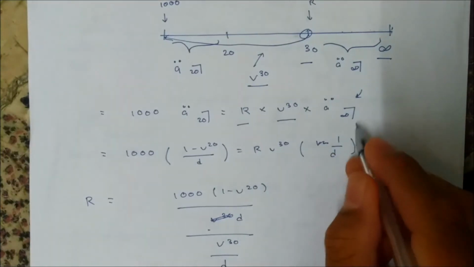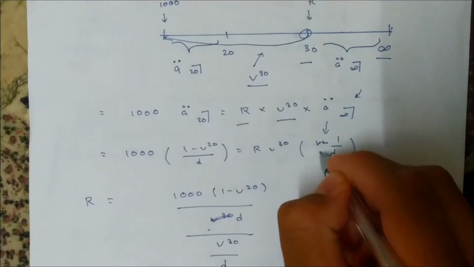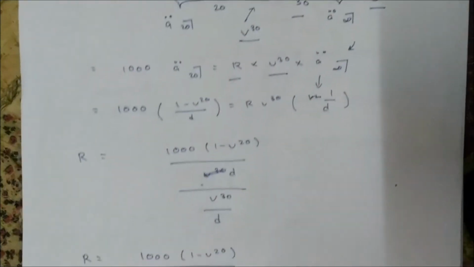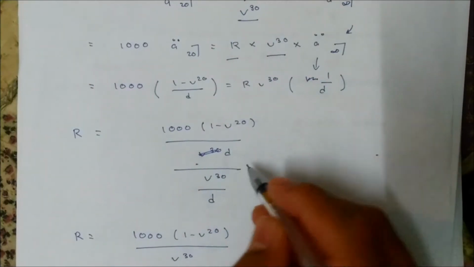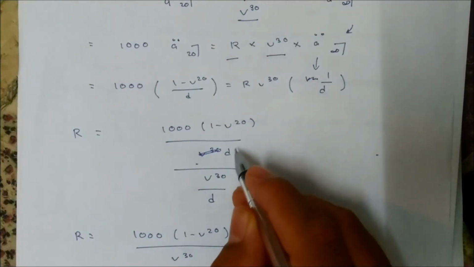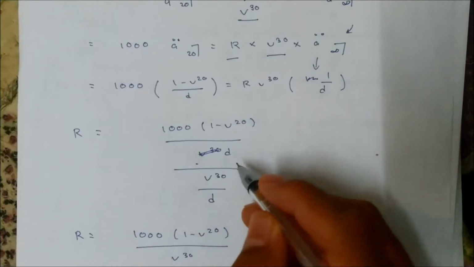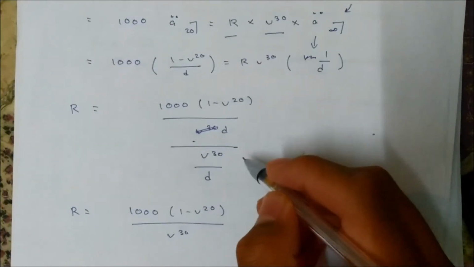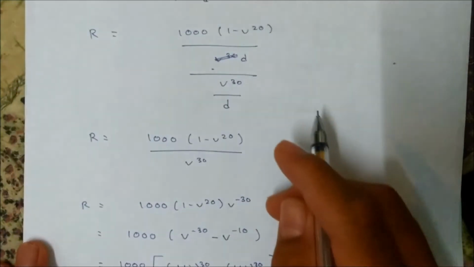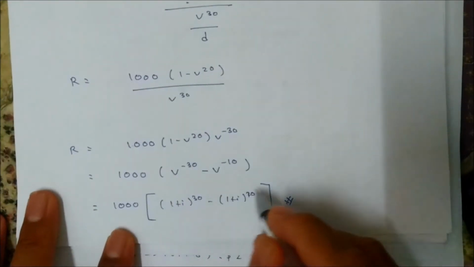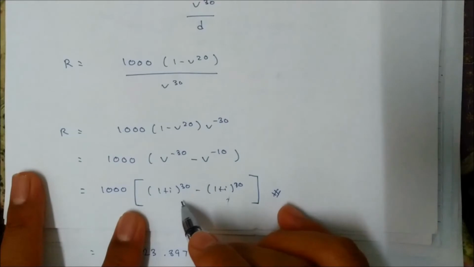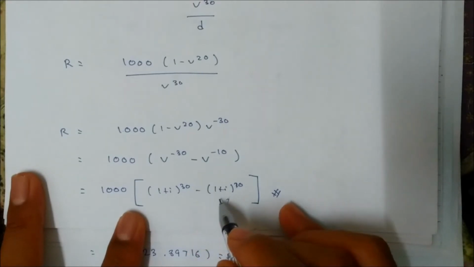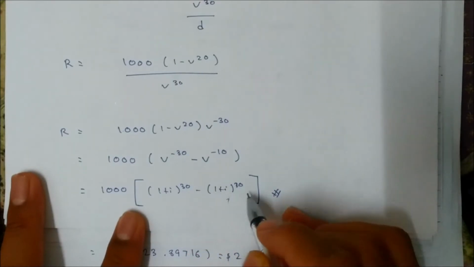So all we need to do is factorize this equation into the simplest form. So finally we will get the following expression, which is 1000 times (1 plus i)^30 minus (1 plus i)^10.